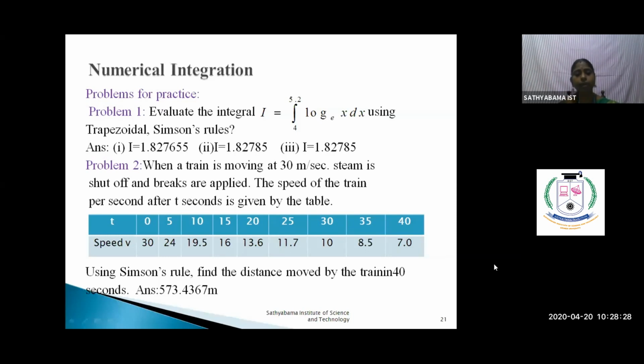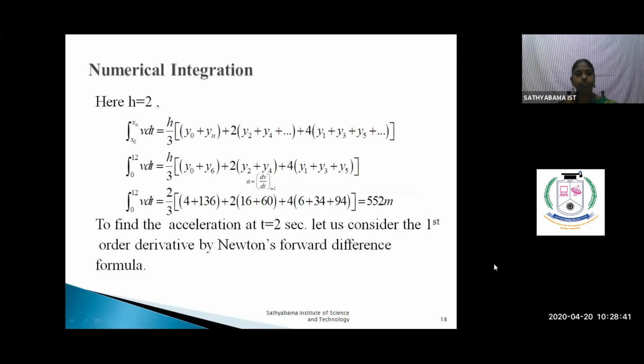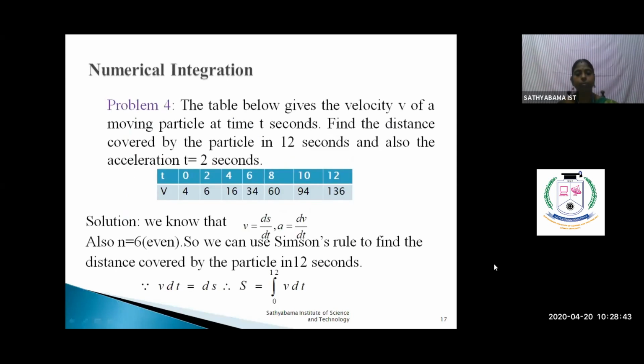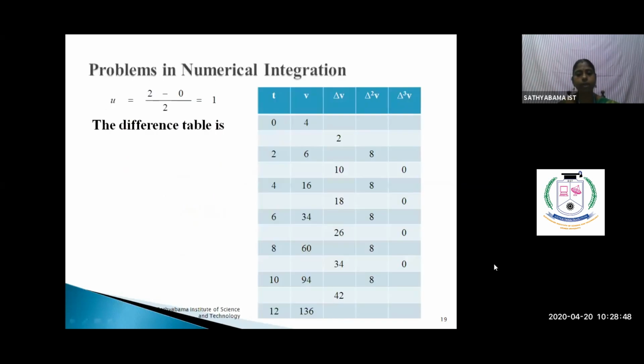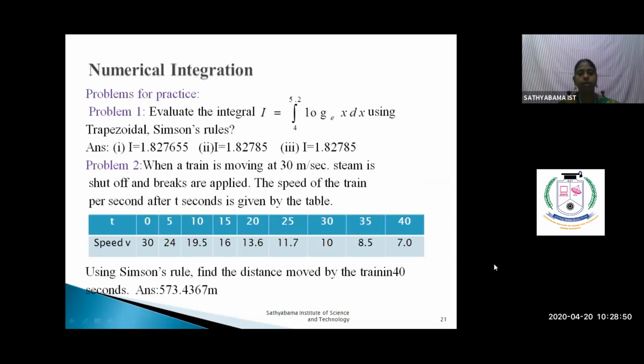So we want to find out the distance and speed. The velocity is given, and now we want to find out the distance. Which formula can I use? What we used in this fourth problem: v equal to ds by dt. The same formula I can use, and I can find out the distance covered by the moving train.